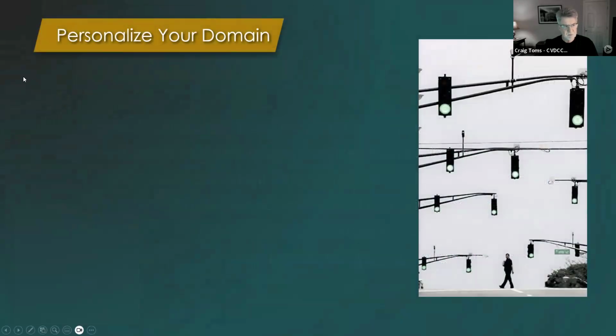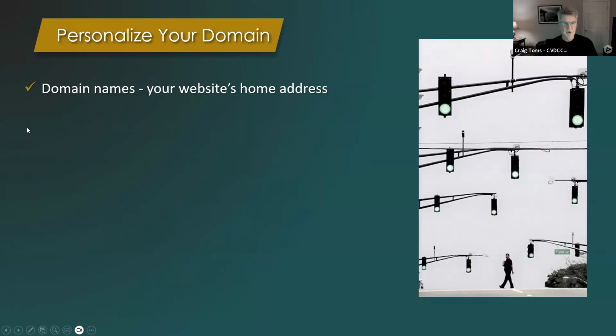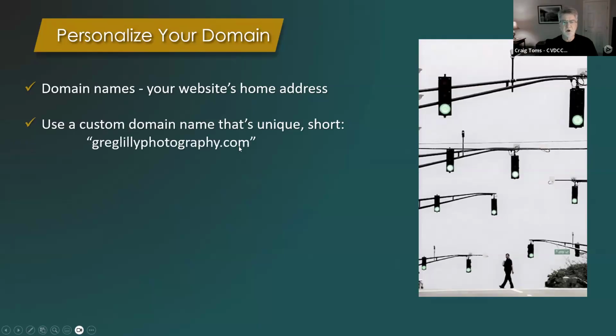Okay, so you can personalize your domain as well. Your domain name is your website's home address. So I've got craigtomsphotography.com. You can use a custom domain that's unique and keep it short, like greglillyphotography.com.